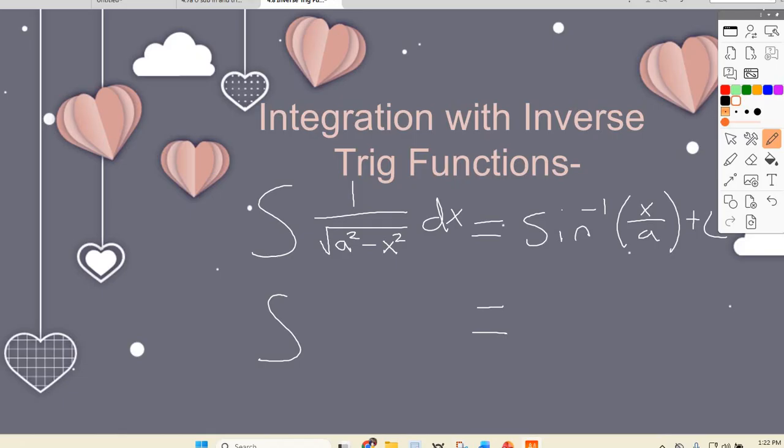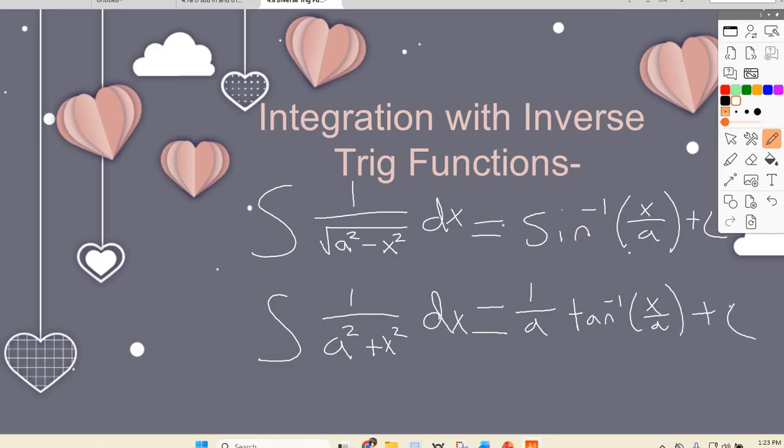Then we talked about on Friday that our antiderivative of tangent inverse is 1 divided by 1 plus x squared. But again, I'm going to use an a squared. So instead of 1, a squared plus x squared equals 1 divided by a times tangent inverse of x divided by a.